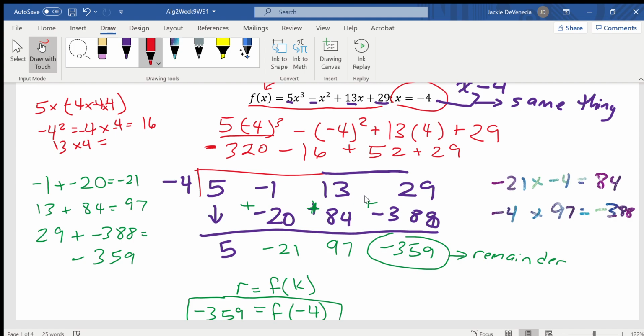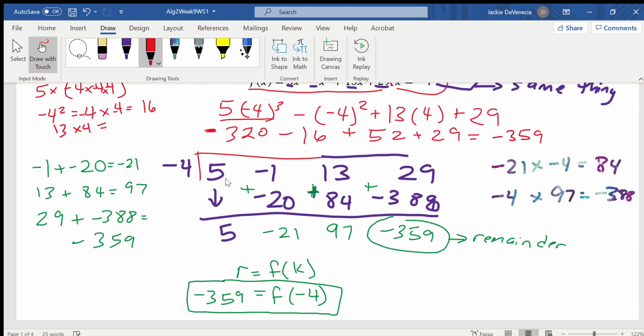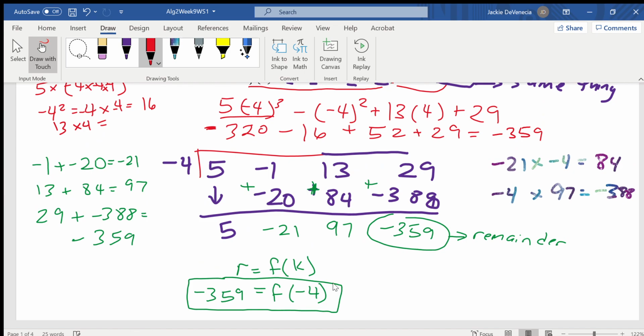And like I said, if we put all of this together, we're going to end up with negative 359. Right? So instead of doing all of this work, we just put all of our work into this synthetic division, and we get this solution right over here.